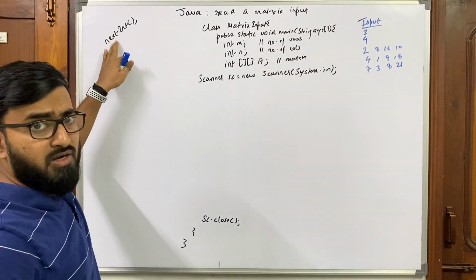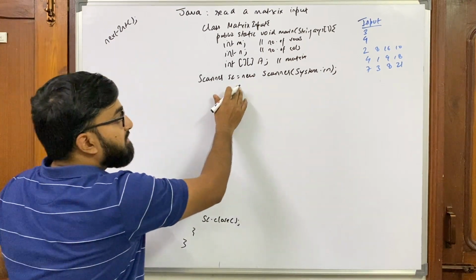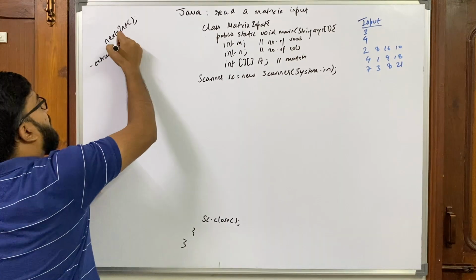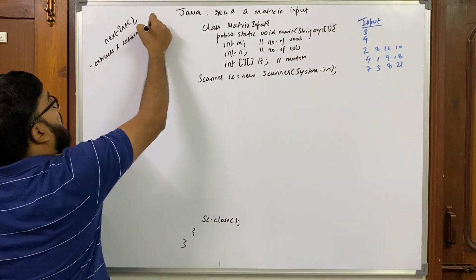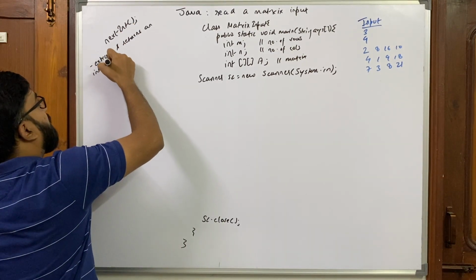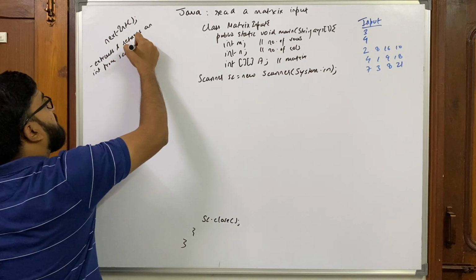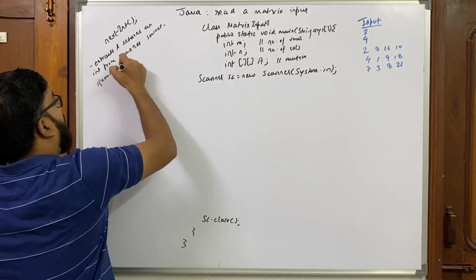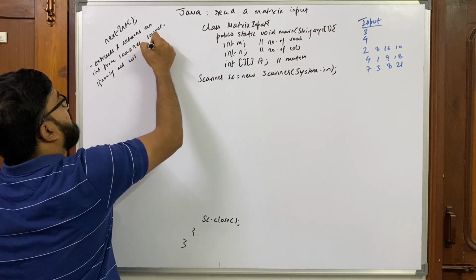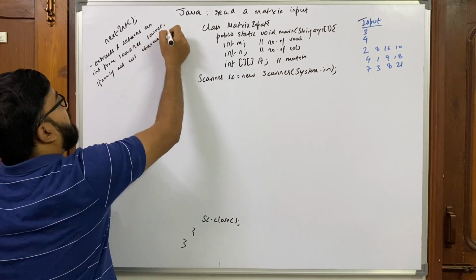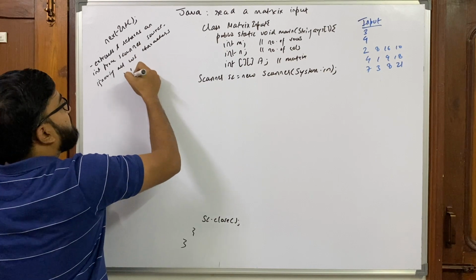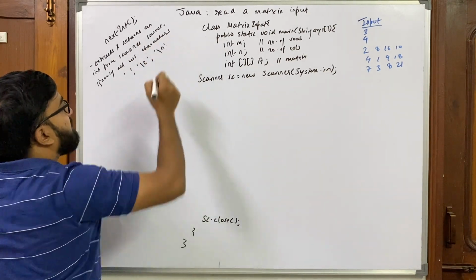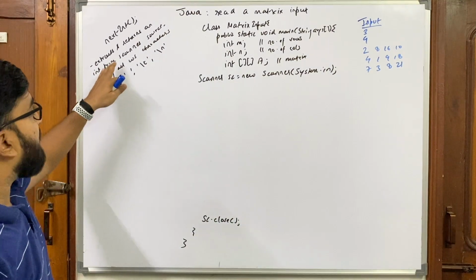Let me tell you a little bit about nextInt. nextInt is a method of the Scanner class, and it extracts and returns an int from the scanner source, that is, from the source this scanner is scanning from, ignoring all white space characters. This WS stands for white space, and white space characters can be any possible white space: a single space, \t, \n, etc.